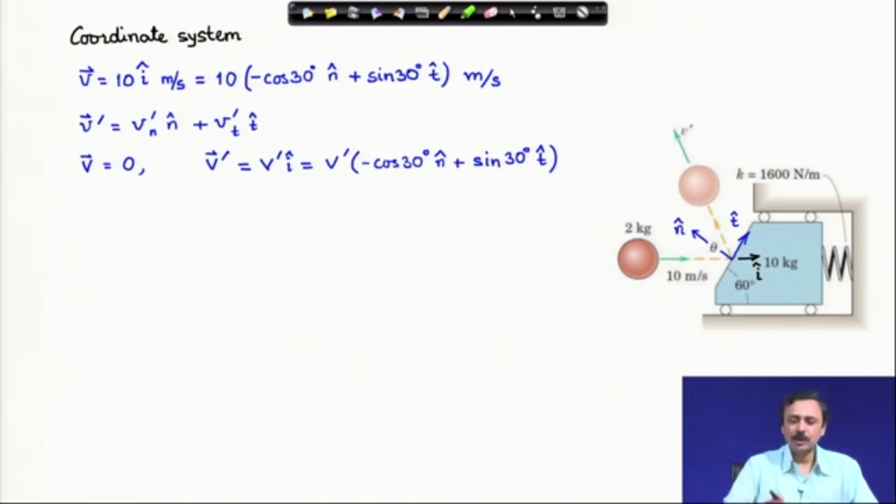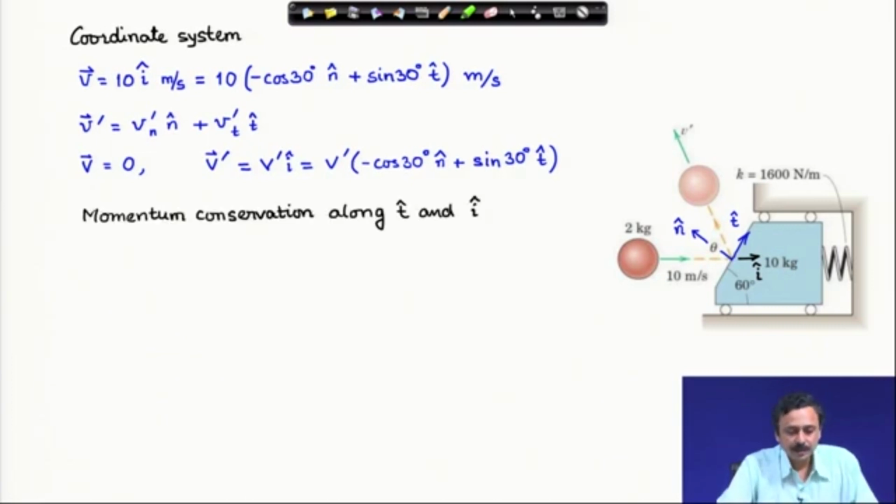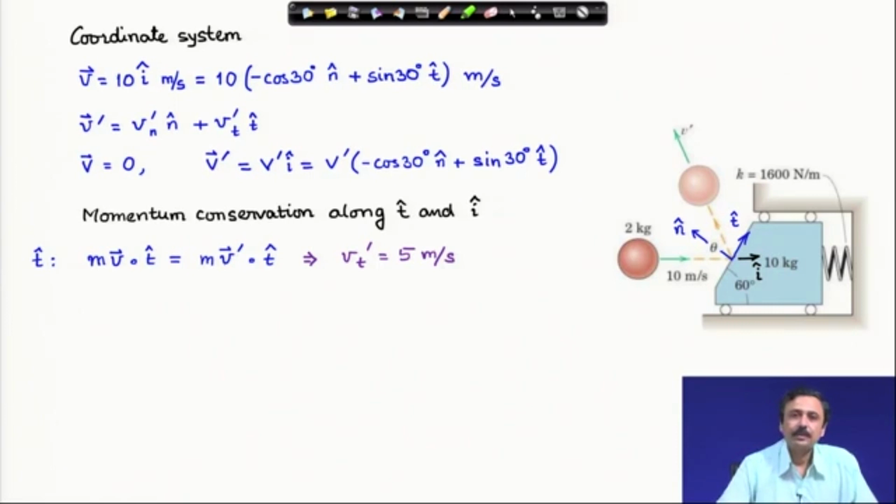Why is this required? Because remember, we have been representing our linear momentum conservation in the normal direction, and there I will require the linear momentum of the carriage in the normal direction. Therefore, I have represented it in tangent normal and the I cap direction. Now, momentum conservation along T cap and I cap. Along T cap, as you know, this contact is frictionless, which we have been assuming throughout.